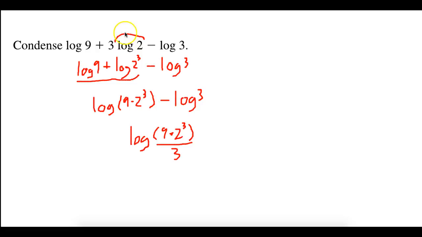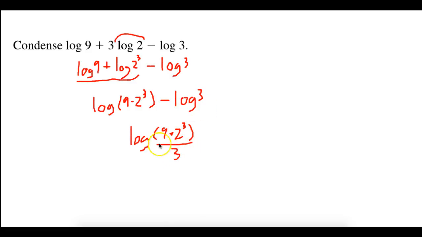First we moved this up to our exponent, so it made it log of 2 to the third power. Then we combined with our product property, log 9 and log 2 to the third power, into just the product of those. Then we were subtracting here, so we made that just the log of 9 times 2 to the third over 3. Log 3 became our new denominator.